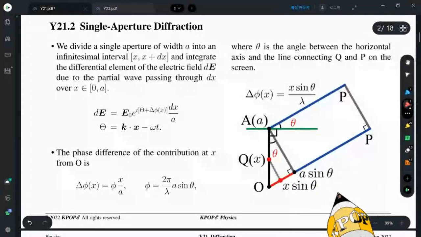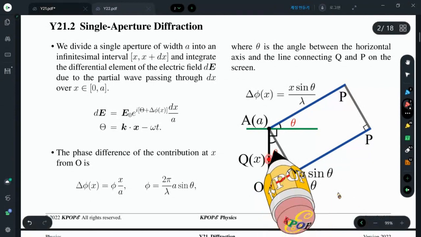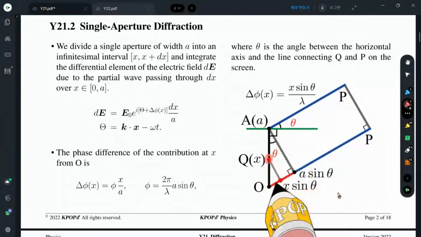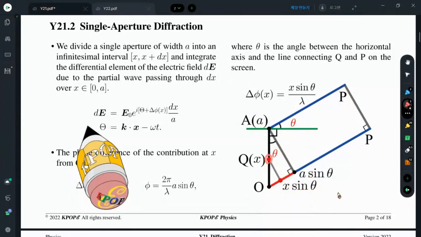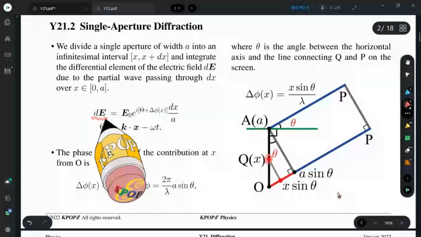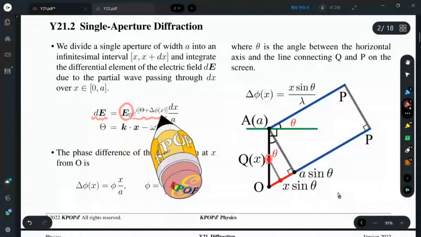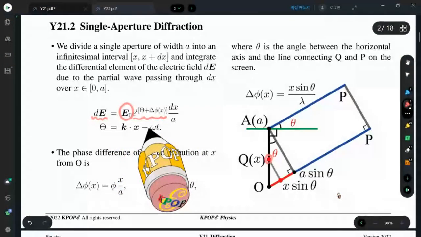In order to sum all of the contributions of partial apertures that make a full aperture, we compute the electric field partial contribution. The overall factor is the original amplitude, and there should be a phase difference.